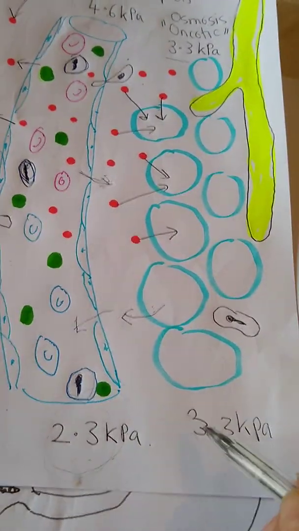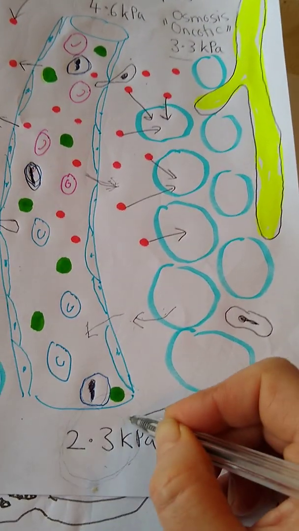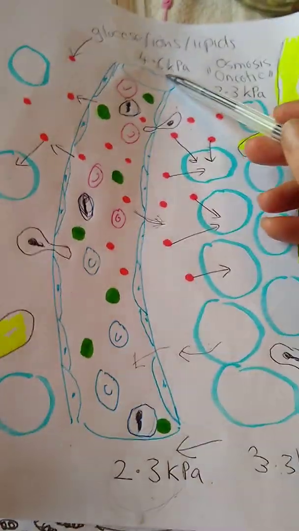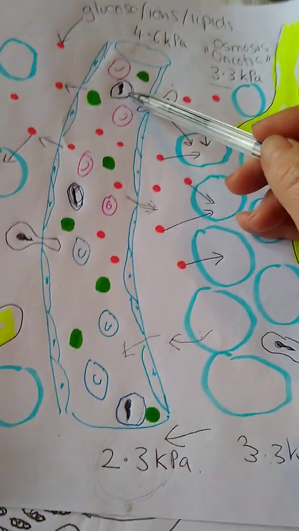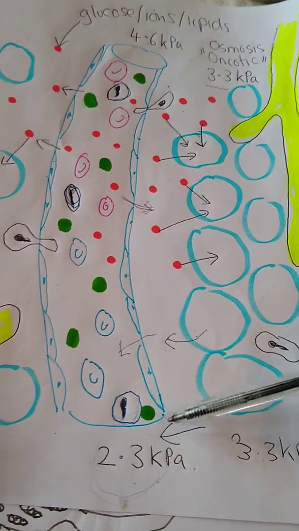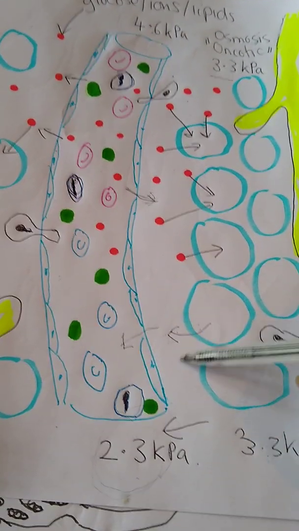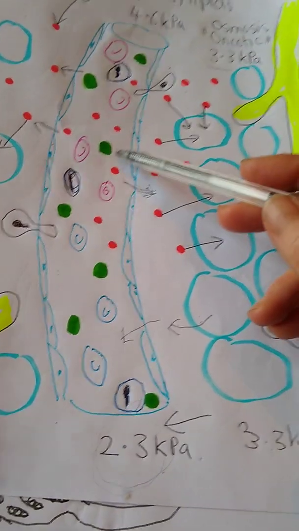And so because this number is greater than this number, the water movement will go that way. So basically, at the top end, the hydrostatic pressure is greater than the oncotic pressure, and so the water moves this direction. But at this end, the hydrostatic pressure is less than the oncotic pressure, and so the water moves this way. So that's the water movement.